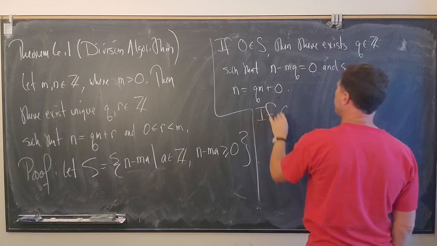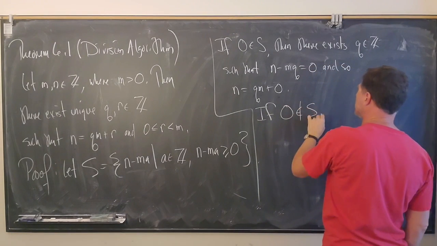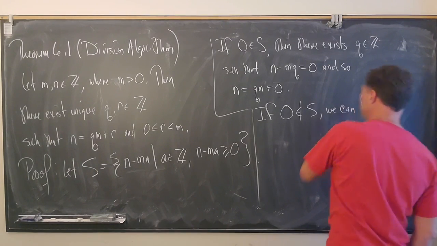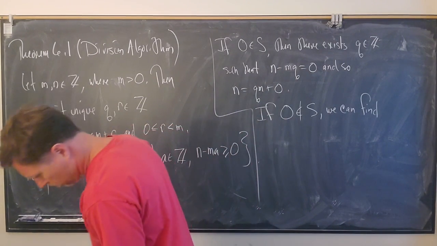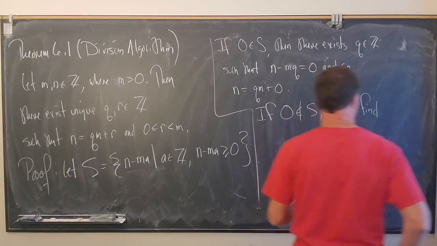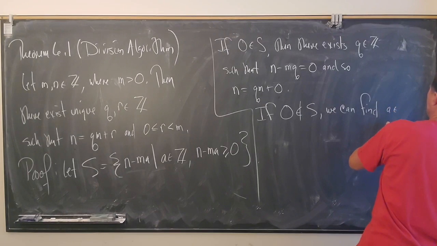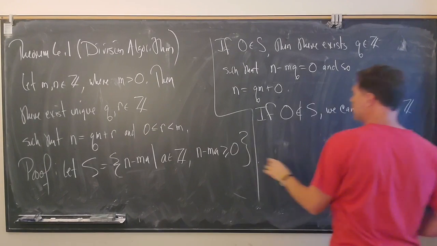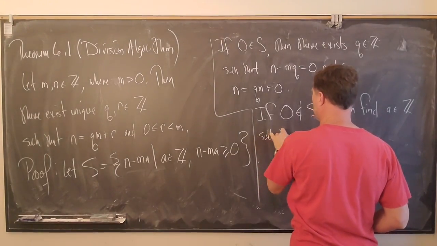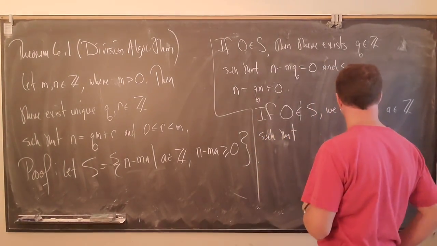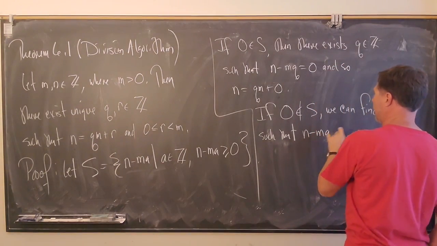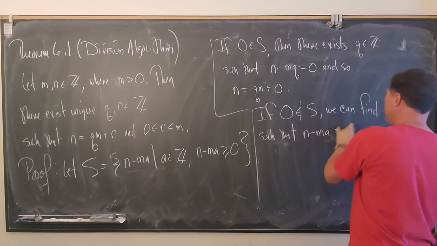So if 0 is not in S, we can find some a in Z such that n minus ma is strictly greater than 0.